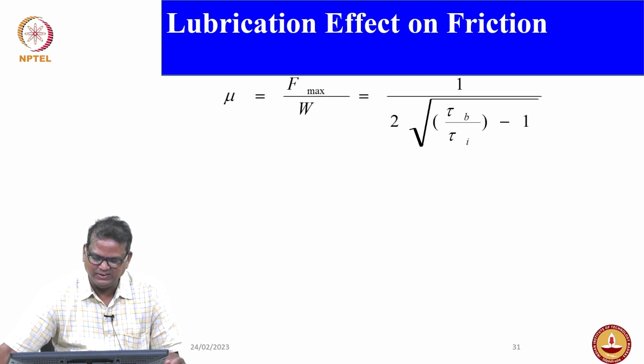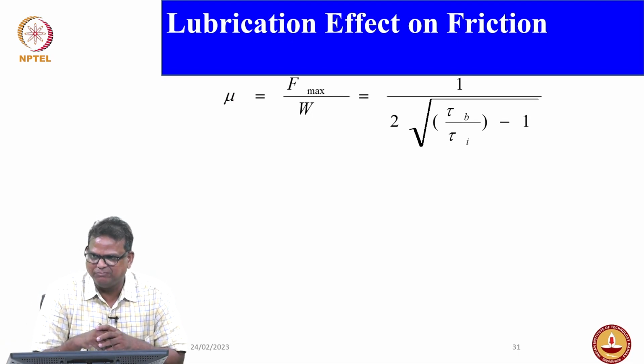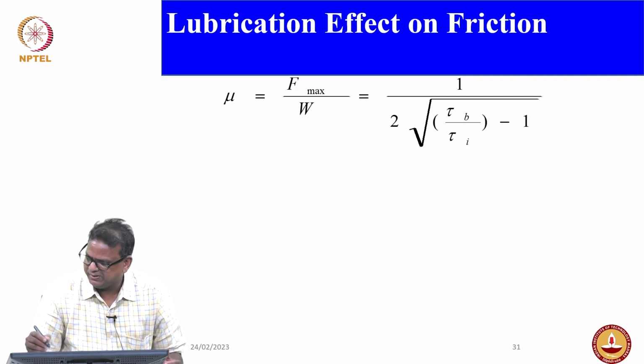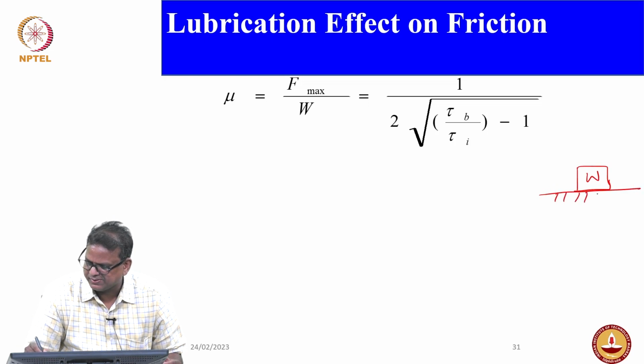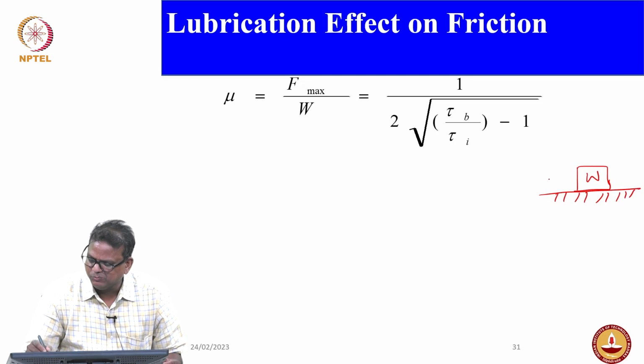See, this is the standard equation, right? This is your mu equal to F by W. I will give a simple example. I have a box which has the load W, resting on a surface, and I try to move it in this direction.